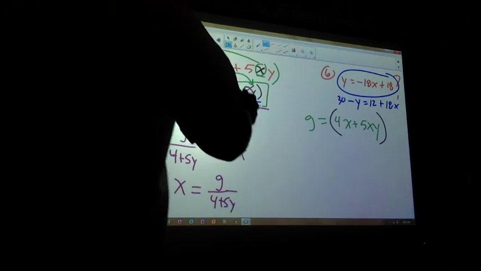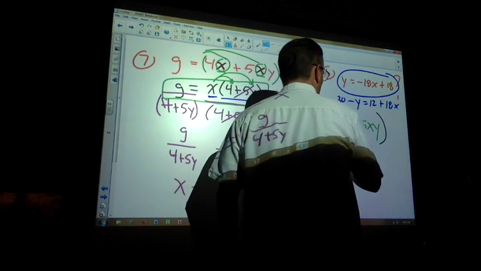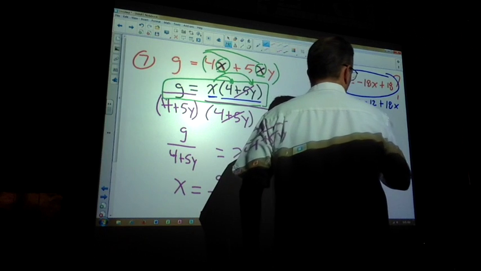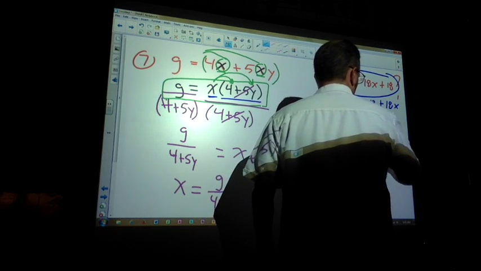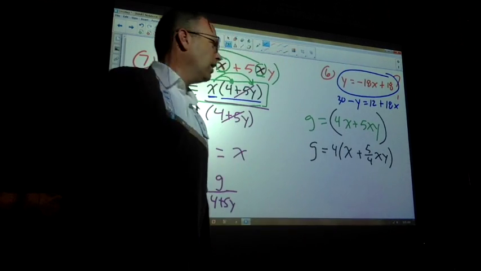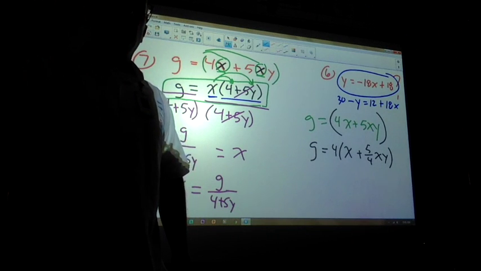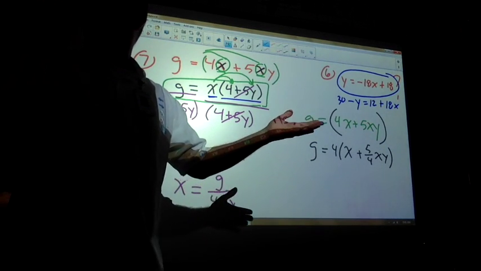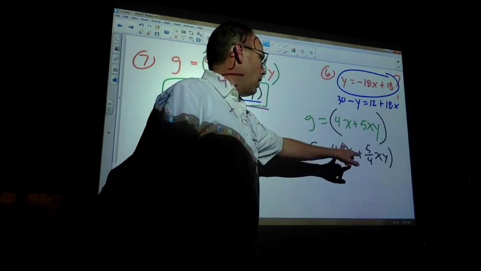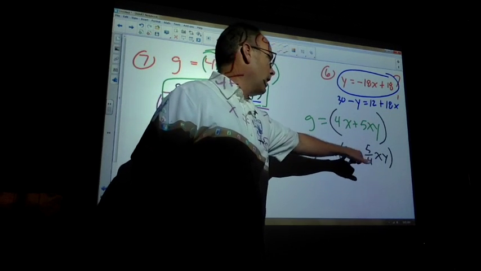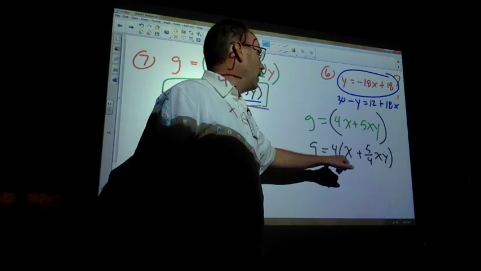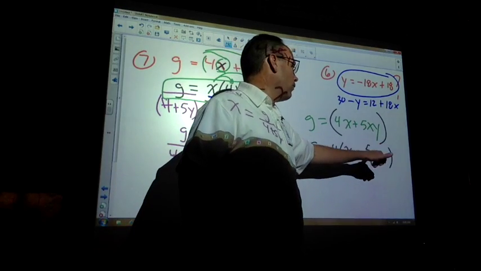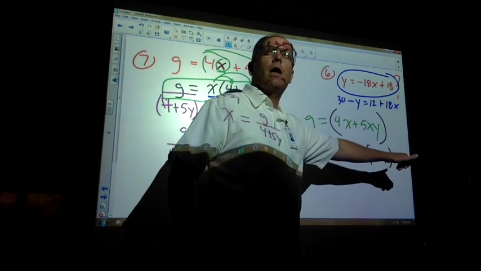Now, some people might say, well, why can't I just have a 4 taken out, which gives me this? So if I factored a 4 out, I think most of you agree with that, because 4 times x is 4x, right? Well, watch this, ready? 4 times 5 over 4 is 5xy.